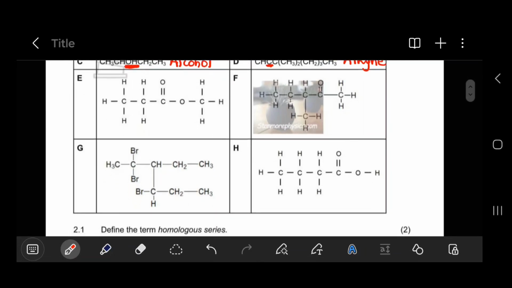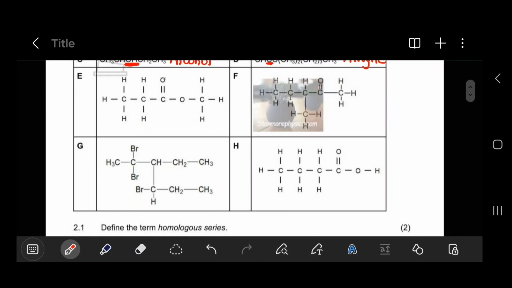Now, going on to E, we notice that we've got a carbon with a double bond oxygen and a single bond oxygen. There are other carbons on either side. So based on what we see here, this is definitely an ester. Looking at compound F, we notice that there is a carbon with a double bond oxygen on it, and there are carbons on either side. So this has to be a ketone.